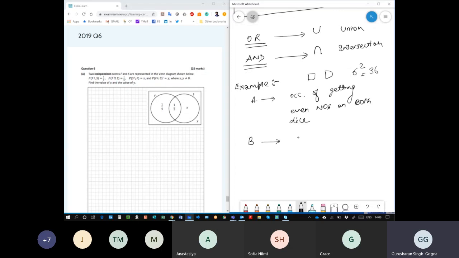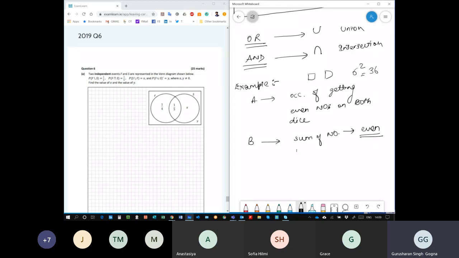Event B is, let's say, that the sum of the numbers should be even.